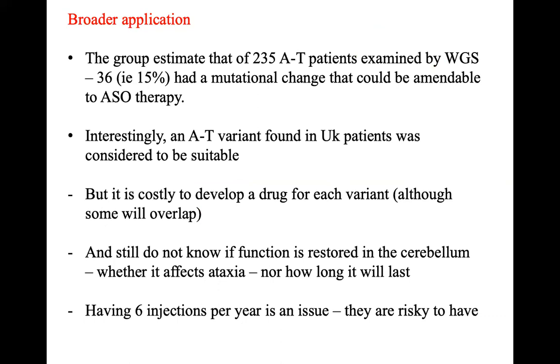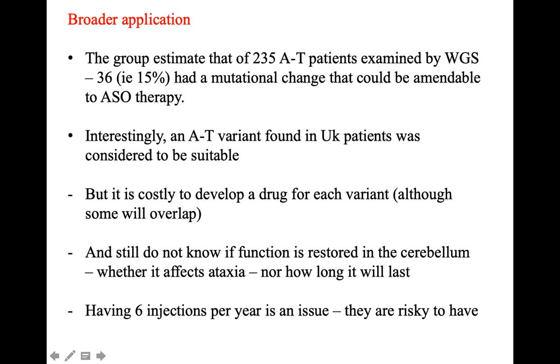However, what I think is interesting is that Timothy Yu's group took a study of 235 patients, by what we call whole genome sequencing. And they found that 15% of those had a mutational change that they think is amenable to this type of therapy.